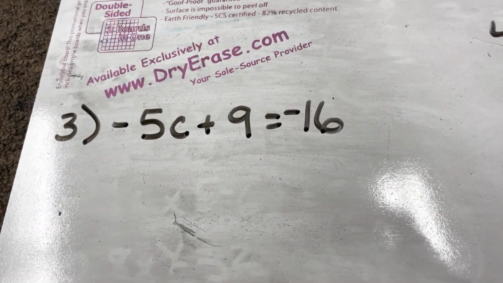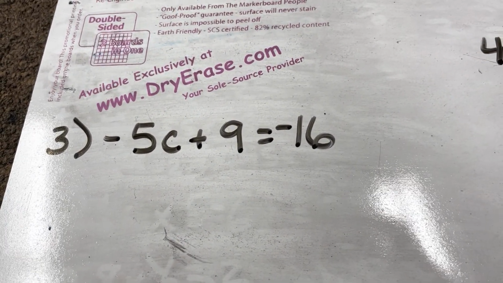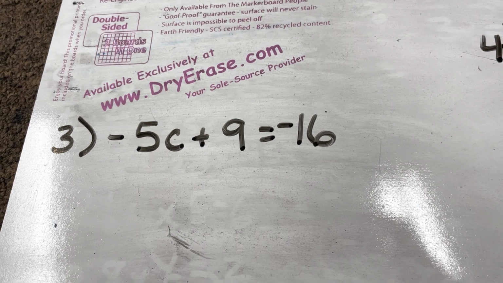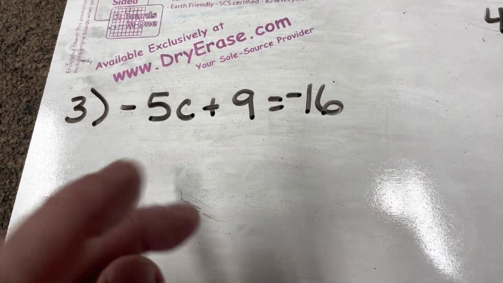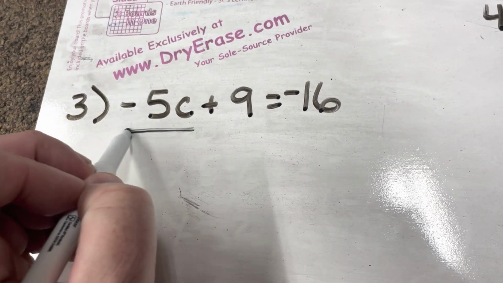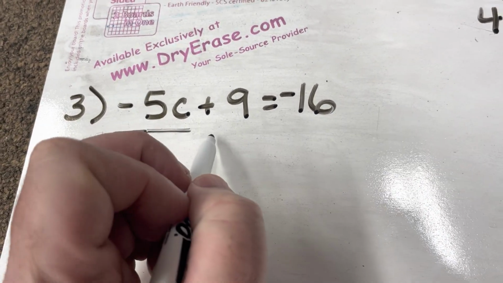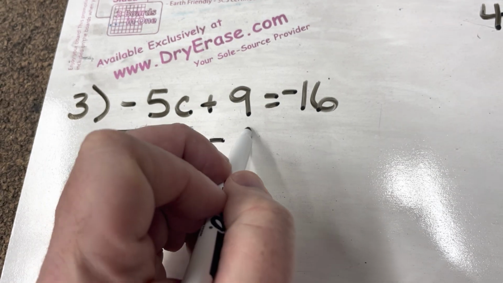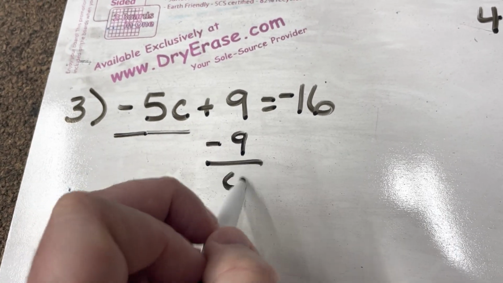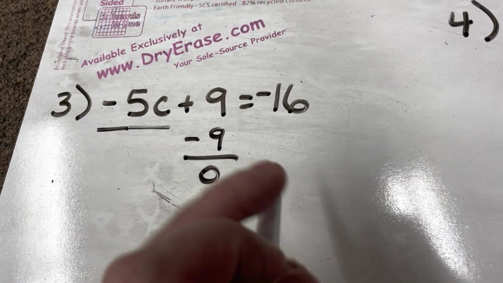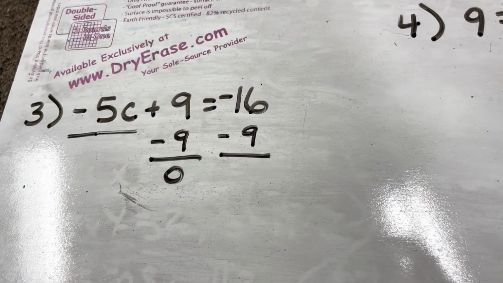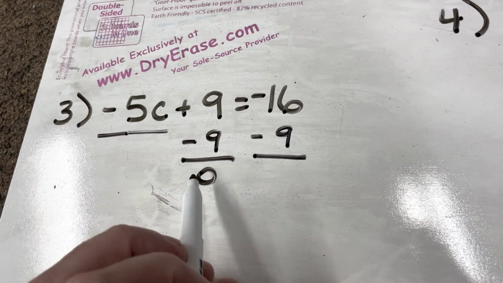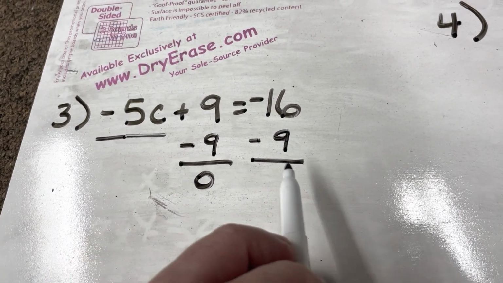This next one, negative 5c plus 9 equals negative 16. Once again, I want to get the negative 5c by itself. Since this is a plus 9, I'm going to do that by subtracting 9, and that's going to give me 0. Then I'm going to come over here and have negative 16 minus 9, because whatever I do to one side of the equation, I have to do to the other side.